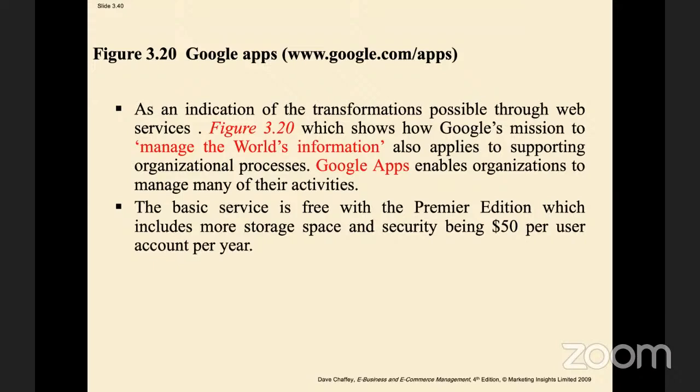We can say that it's a 360-degree solution that Google is providing to its customers or the organizations it is working with. So the basic service is free, with Premier Edition, which includes more storage space and security, being $50 per user account per year.